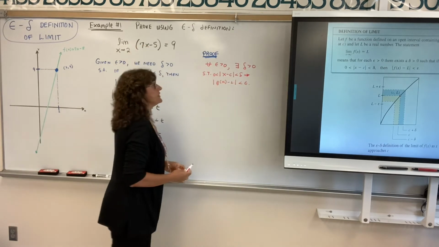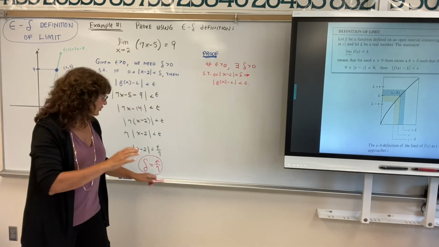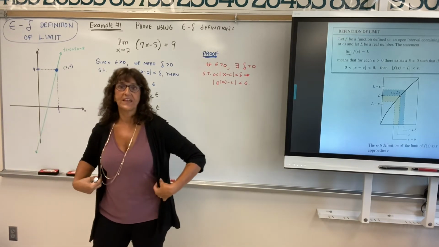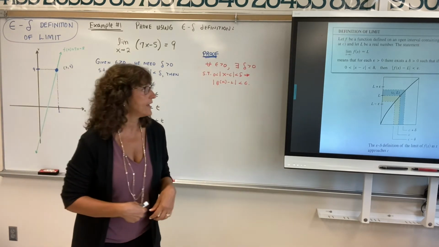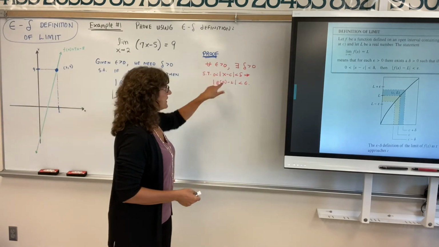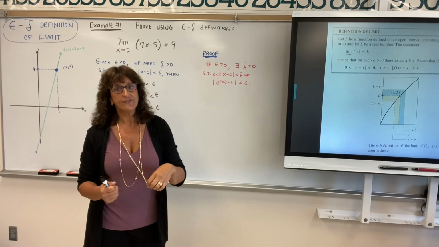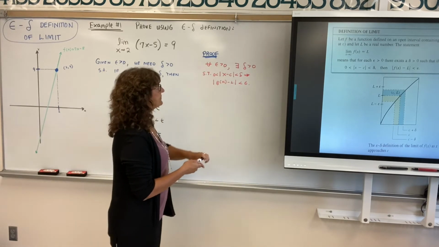So this is what it says. When you're actually looking at the definition, it's a conditional statement. After your word if here, you have the delta expression. So when you're actually doing the proof, you have to start with your conditional statement.